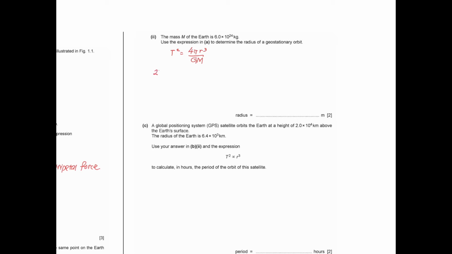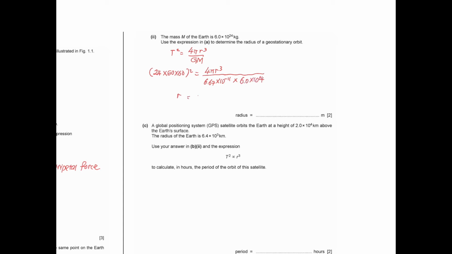So 24 times 60 times 60. So you square it. 4 pi square r cube, r remains unknown. G is 6.67 times 10 to the power of negative 11, times capital M, 6.0 times 10 to the power of 24.